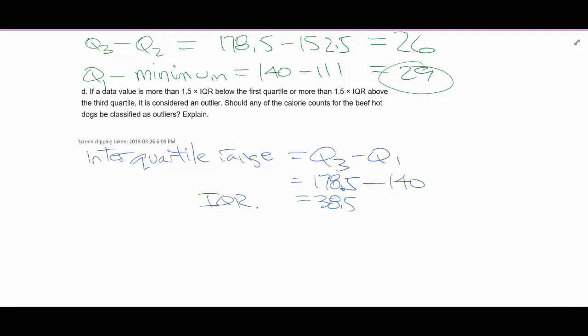So now what I'm going to do is find my lower inner fence and my upper inner fence.